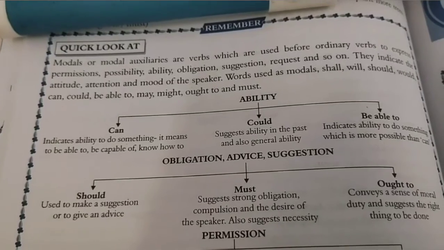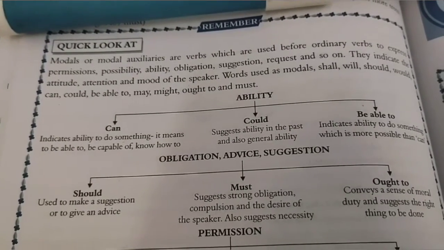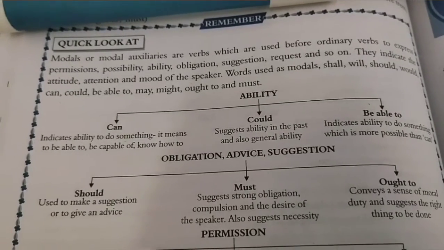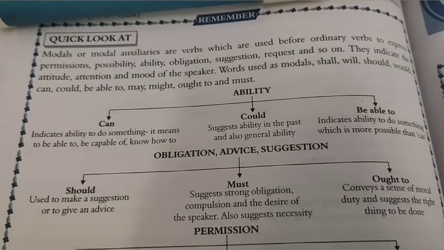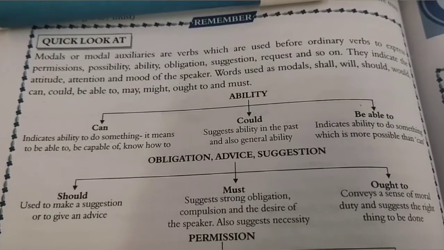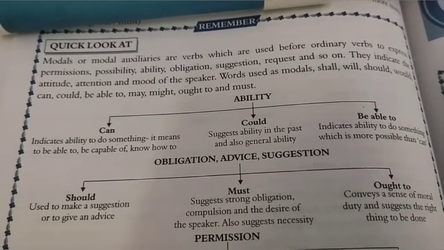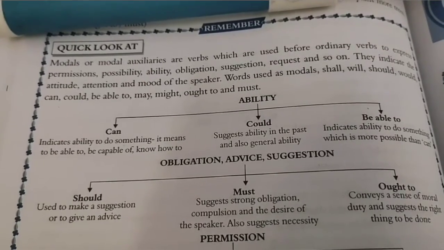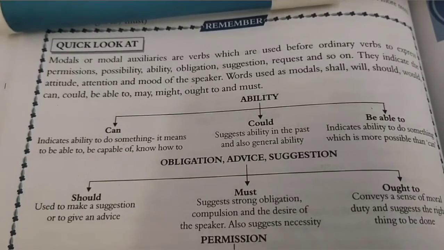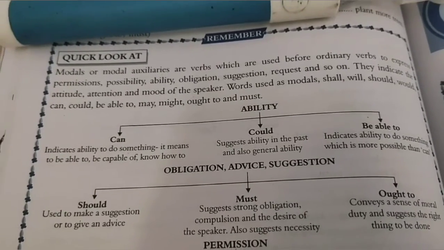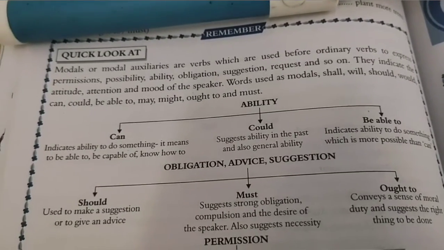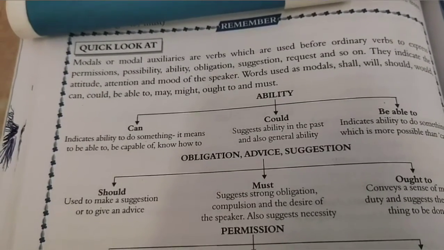Modals or the modal auxiliaries are the verbs which are used before ordinary verbs to express permission, possibility, ability, obligation, suggestion, request, and so on. They indicate the attitude, attention, and mood of the speaker. Words used as modals are shall, will, should, would, can, could, be able to, may, might, ought to, and must.